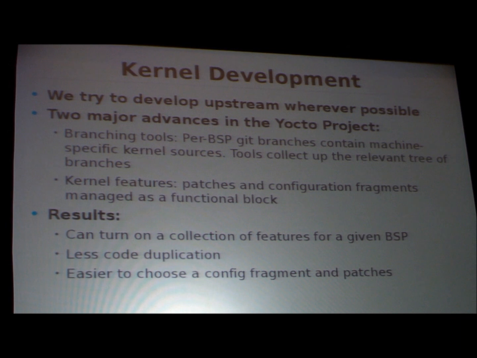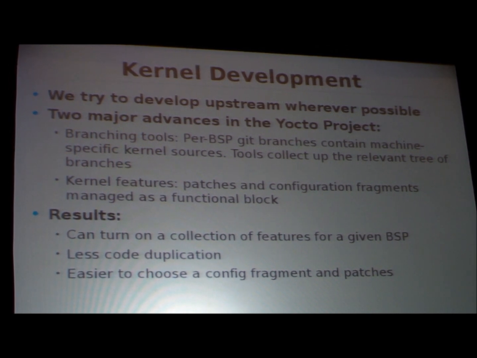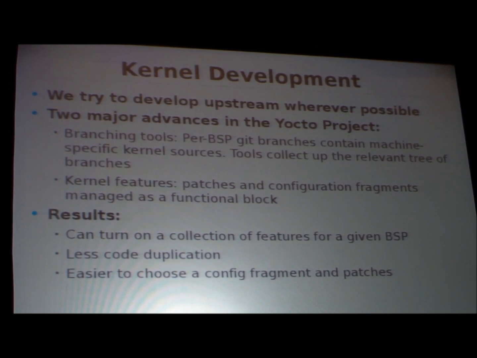So kernel development. Again, we try to work upstream wherever possible. So whatever work we're doing, whether it's kernel or user space, we're trying to work with the upstreams to make sure that we're getting things in. One of the things with the kernel part of the Yocto project is there's a set of branching tools and a set of features that really allow flexibility to use Git branches to create machine-specific kernel sources from a common set of kernel sources.